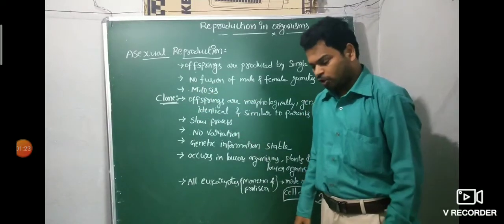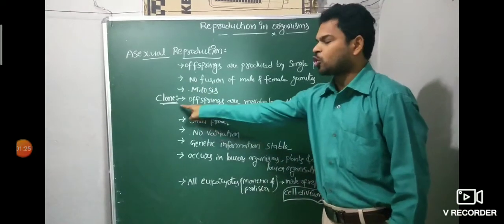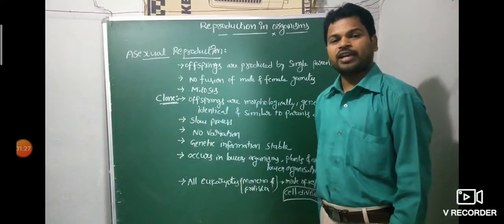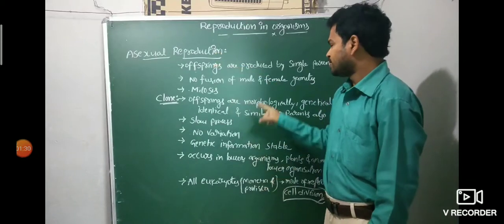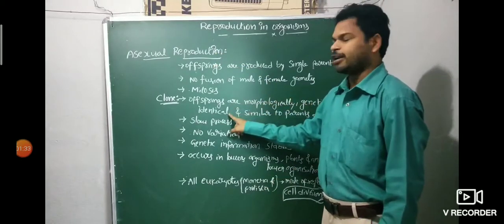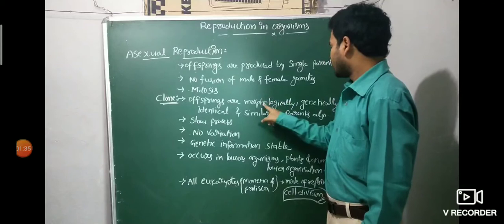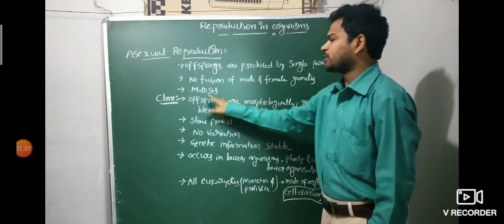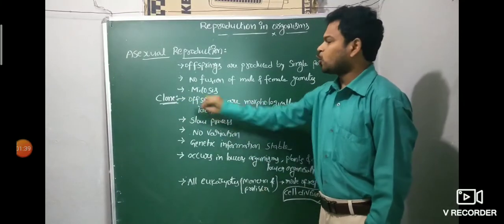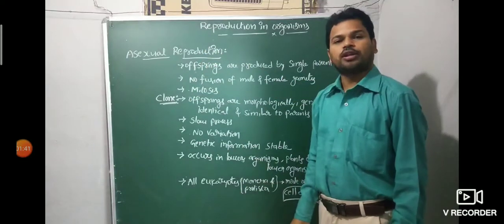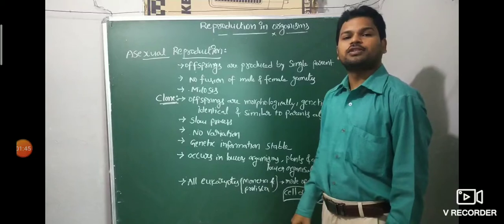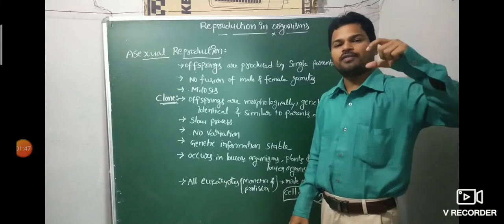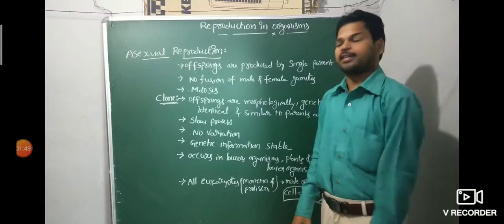Even important for theory question, 1 mark, define clone, a separate question. Define clone: morphologically and genetically identical offsprings produced by asexual reproduction are called clones. The reason behind it is mitosis division, that's why there is no change of characteristics.